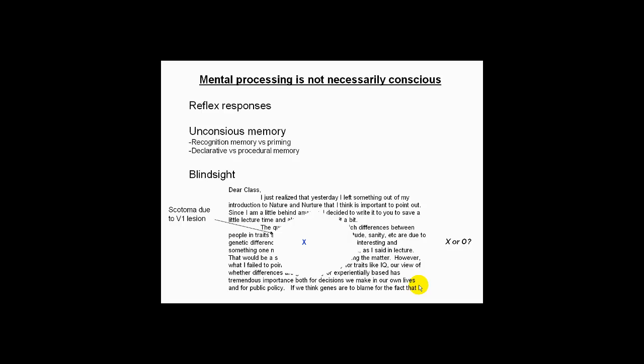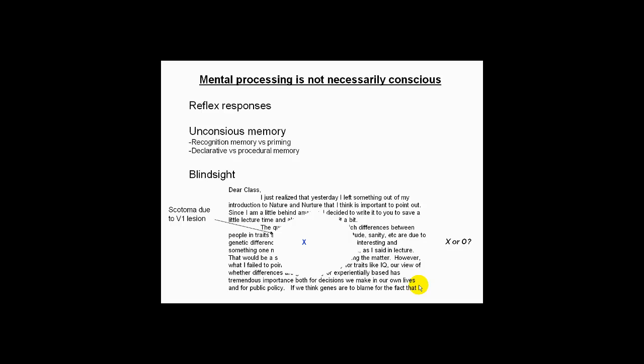A good example is when you see individuals and get a good look at them for a long time, you remember them. If you show a person a picture of somebody they know, they'll say, yes, I recognize that person. Very easy. That is an example of conscious or declarative memory.